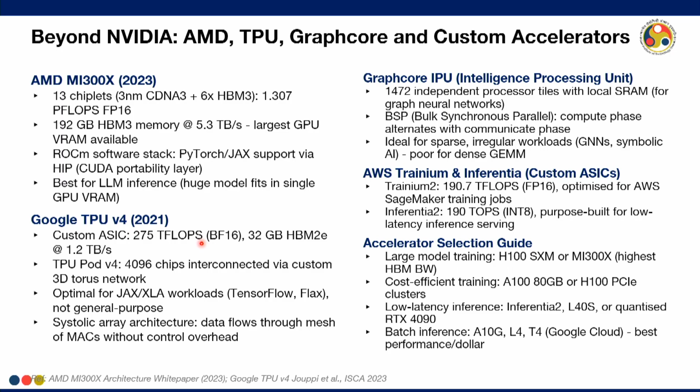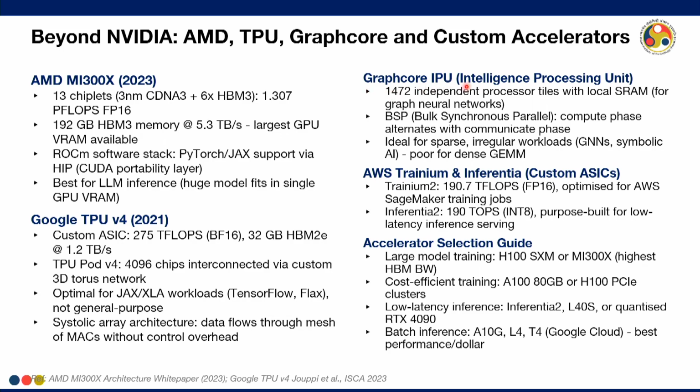I said that Google Brain introduced this data type, so they support it. And obviously you have the TPU Pod v4, which has around 4096 chips interconnected via a custom 3D torus network, and you get high performance in this type of cores. Through Google Cloud you can actually access these TPUs.